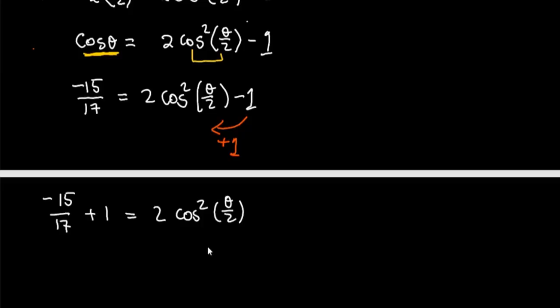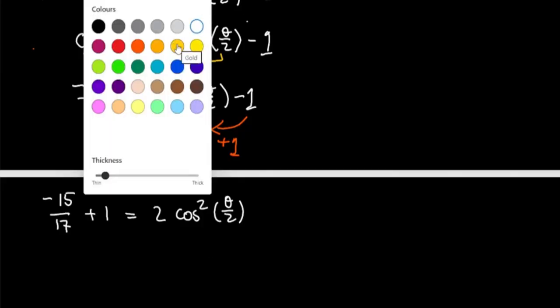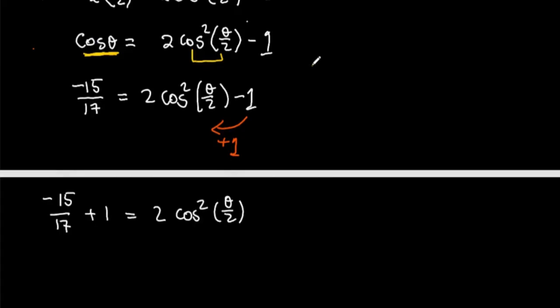But now to save time, I need you to allow me to divide both sides by the 2, because remember, we are trying to find cos theta over 2. So we need to eliminate everything until we get what we need. So we're going to divide everything here by 2.